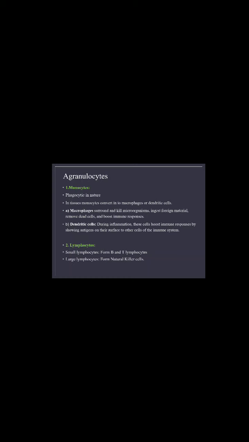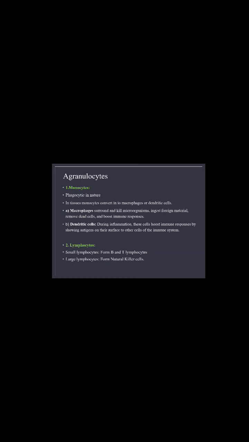And the second type of monocytes are dendritic cells. What do these dendritic cells do? During inflammation, what is inflammation? Swelling. When any infection occurs, swelling occurs, and these cells boost immune response by showing antigens on their surface to other cells of the immune system.